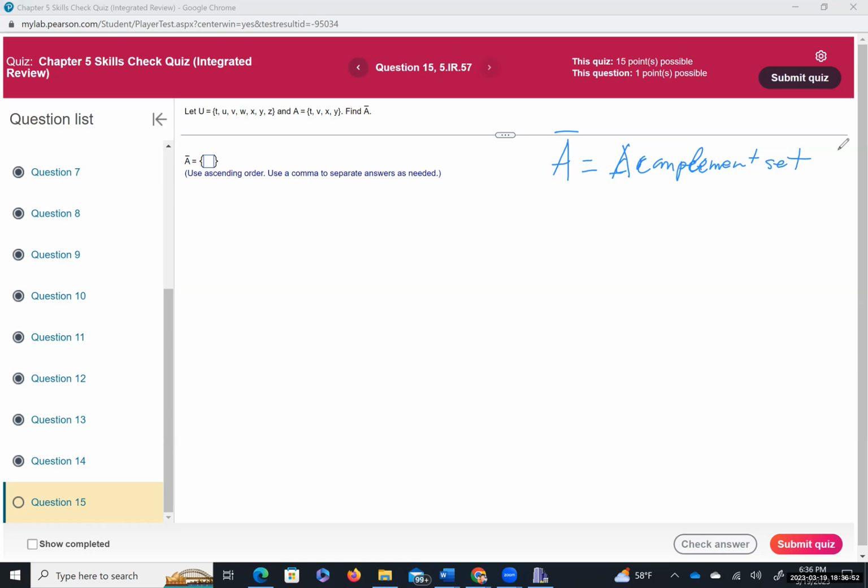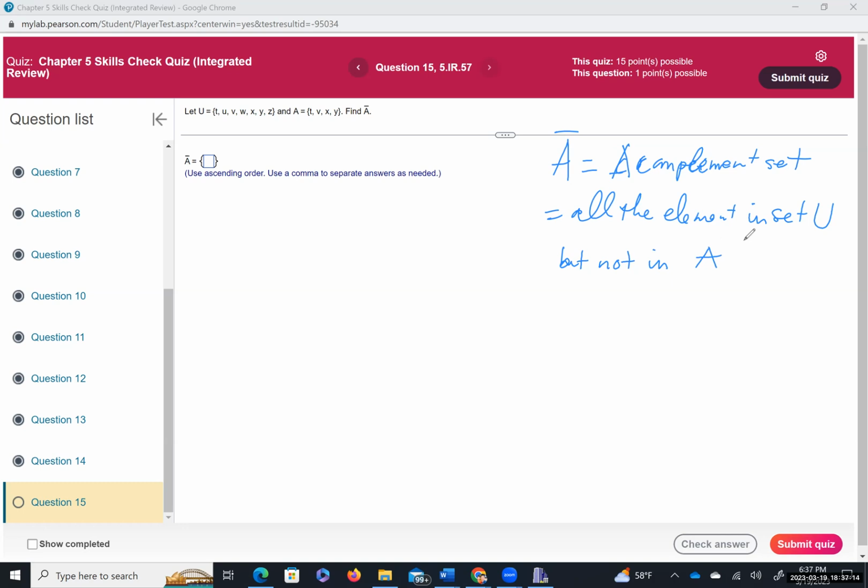So that means all the elements in the universe set used here, but not in A.